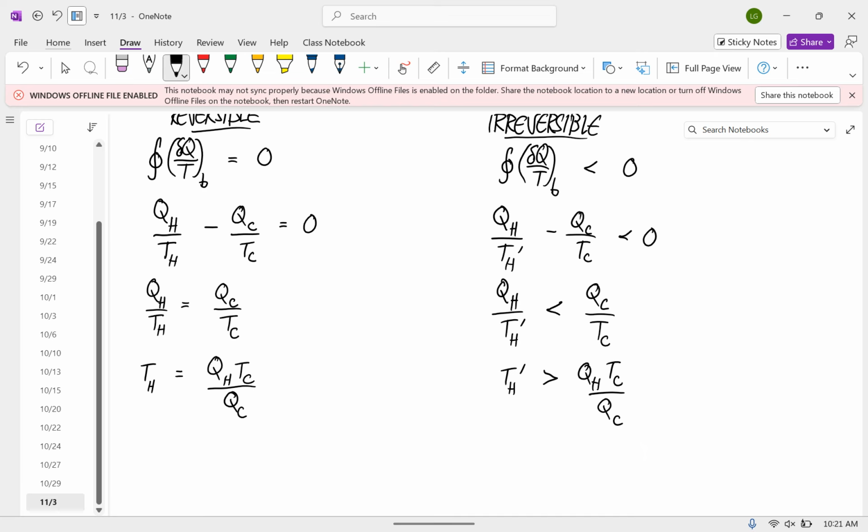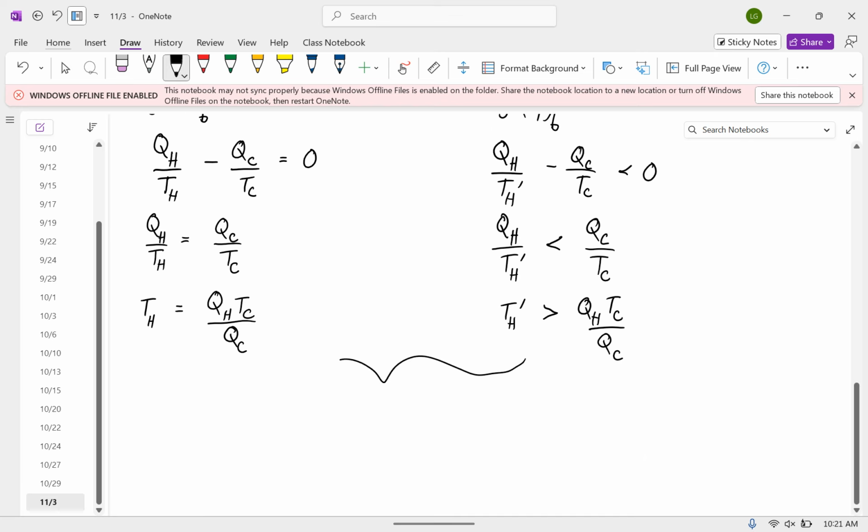The right sides of these two expressions are the same. And so TH prime is greater than TH. Any questions about that?